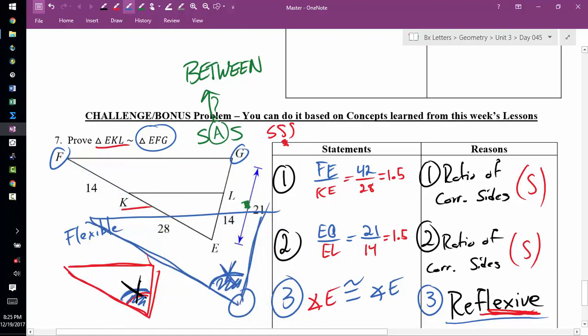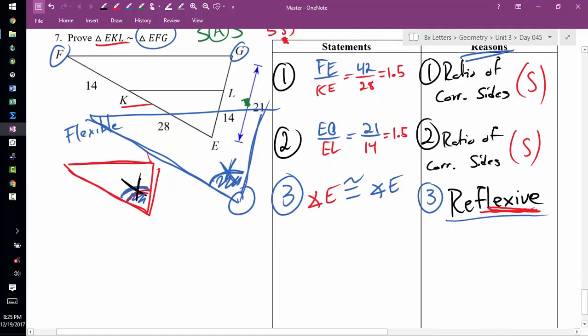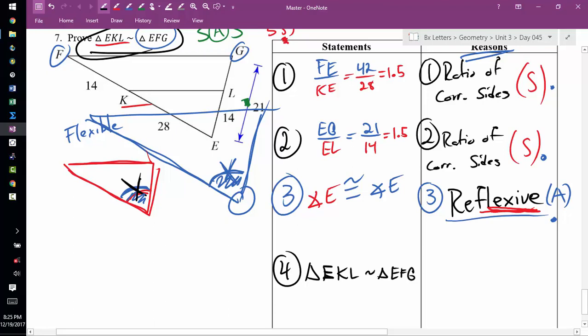That's how I know. That's my reason for saying those things are congruent. And now I've got a side, an angle in between, and the other side that traps it. So I'm ready to restate what they asked me to prove. Triangle EKL must be similar to triangle EFG. And how did I know that? That is the side, angle, side similarity.